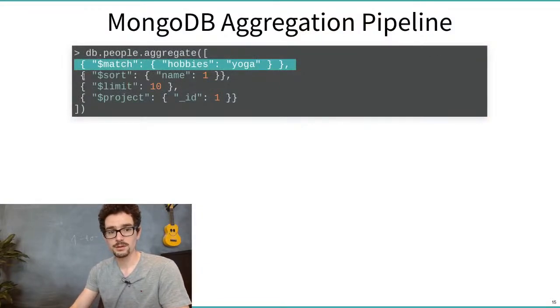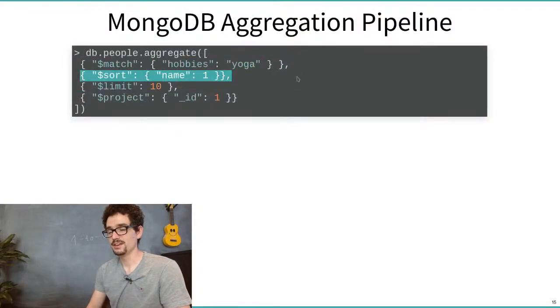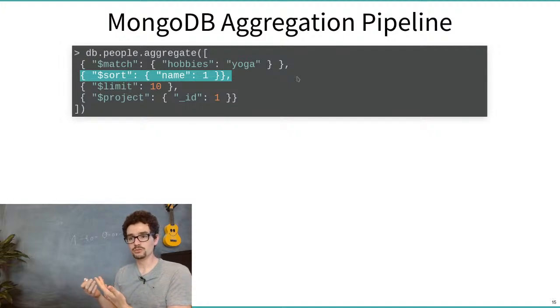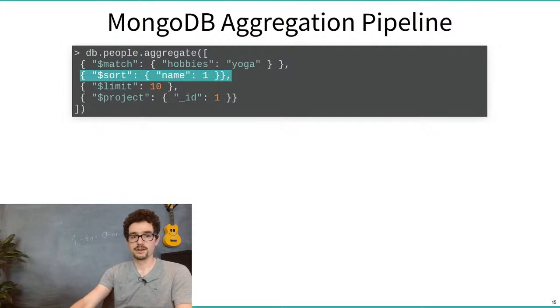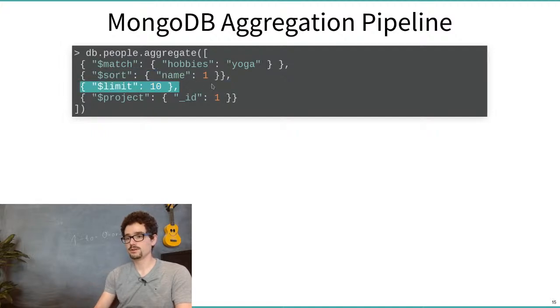The next step is a sort step. So here nothing is removed from the collection, from the result. It just changes the order. And then a limit step limits the result to only 10 rows.